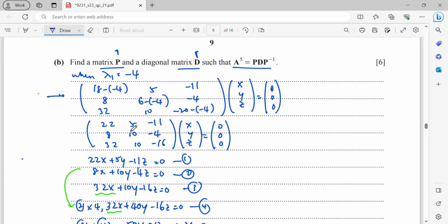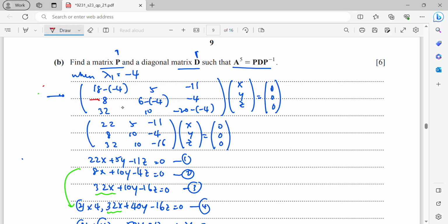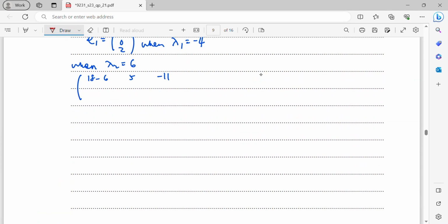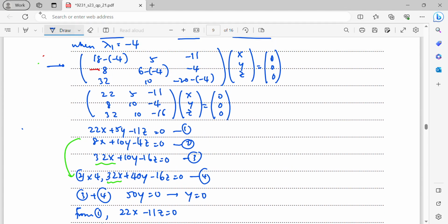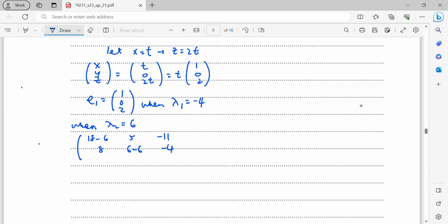The second row becomes 8, then 6 minus 6, minus 4. Lastly, the last row: 32, 10, minus 20 minus 6. Multiply with x, y, z equals 0 for all.